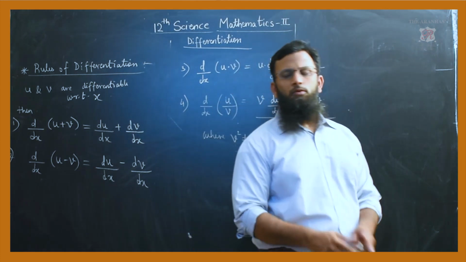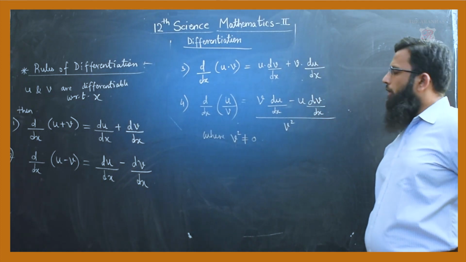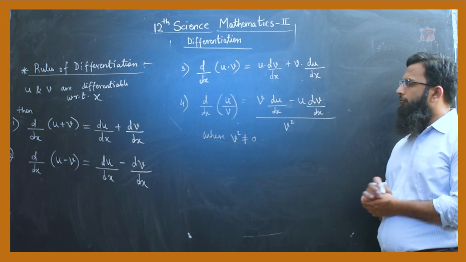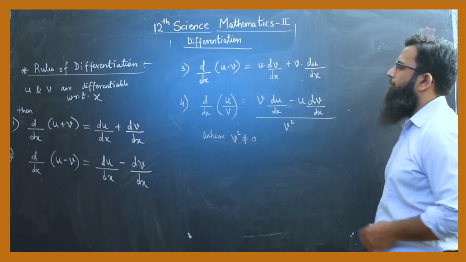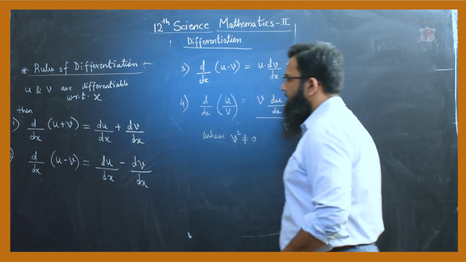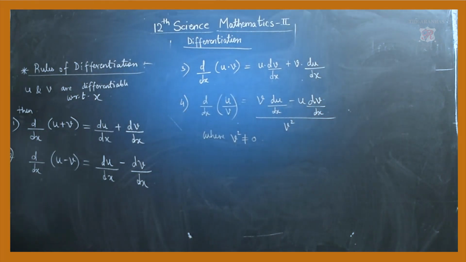If v square is equal to 0, then the whole differentiation will become not defined or infinite. So these are four important rules which one should know if you want to proceed further in the topic of differentiation. Till here you might have done in class 11 and examples based on it.